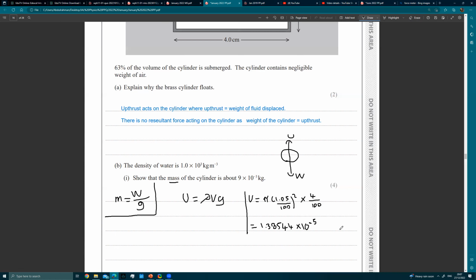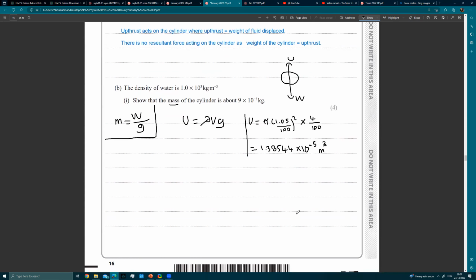I did 1.3, good. So that's the volume in meters cubed. Why 1.3? Where does 1.3 come from? You said 13. I said 3.464. That's not what I got when I put it in my calculator.